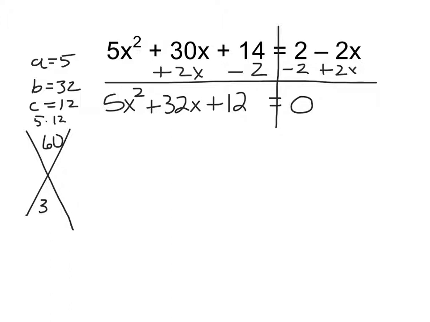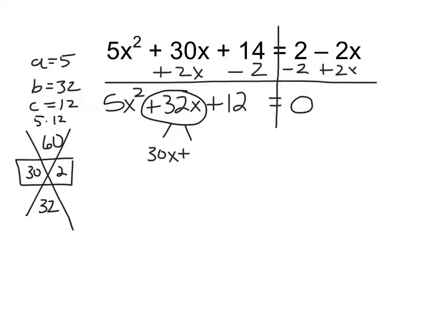Well, that's 30 and positive 2. Those are my 2 factors. Okay. So now I'm going to replace the 32x with a 30x and a 2x. Bring down the 12, bring down the equals 0, bring down the 5x squared.